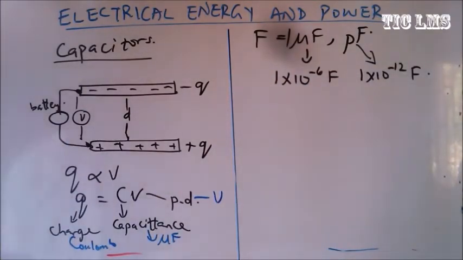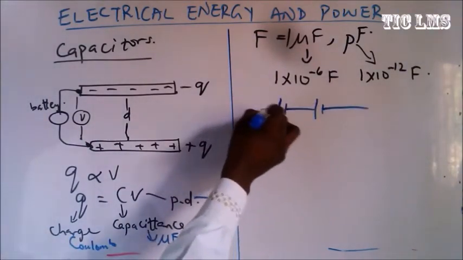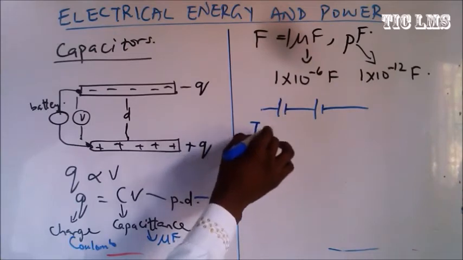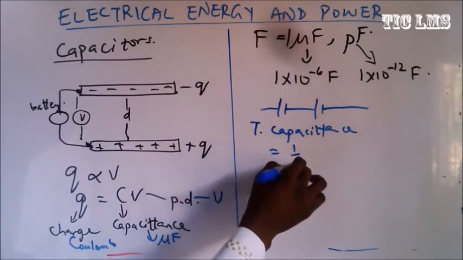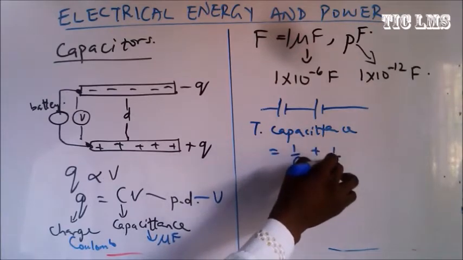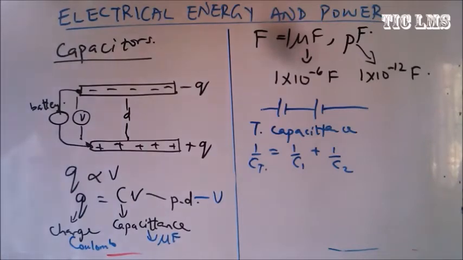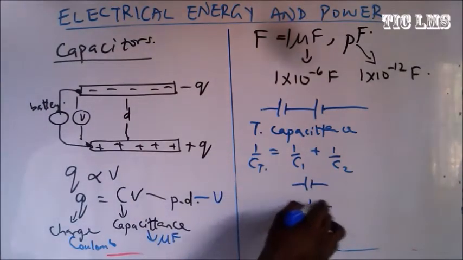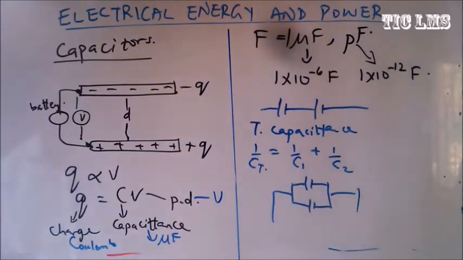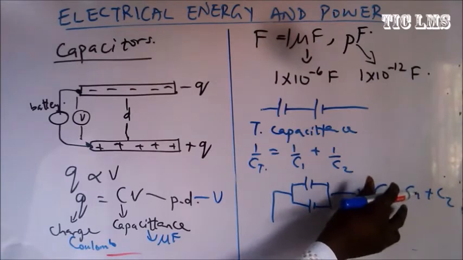Now another thing is this: if you have capacitors that are arranged in series, something like this, the total capacitance is gotten as 1 over C1 plus 1 over C2. That's the total capacitance. Whereas when they are arranged in parallel like this, the total capacitance is taken as C1 plus C2.